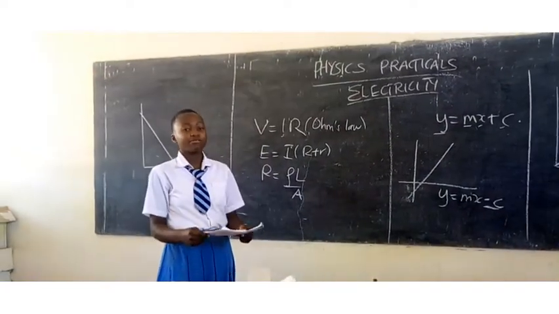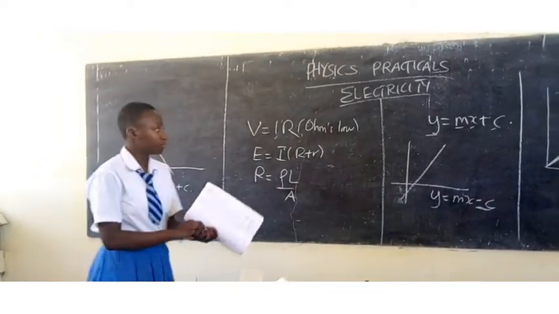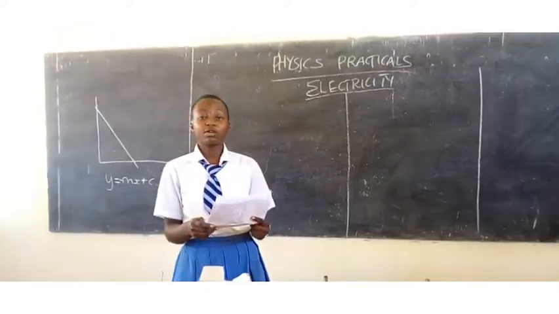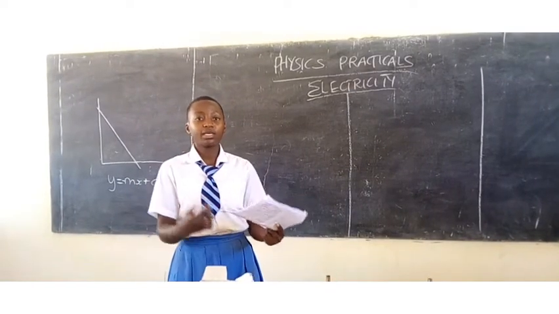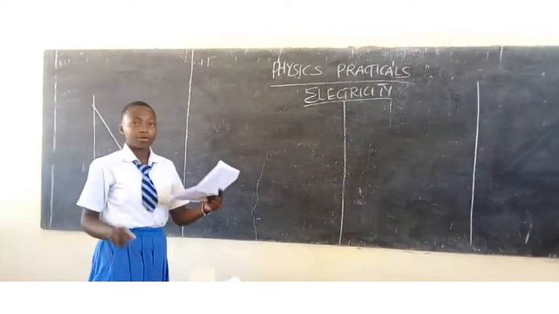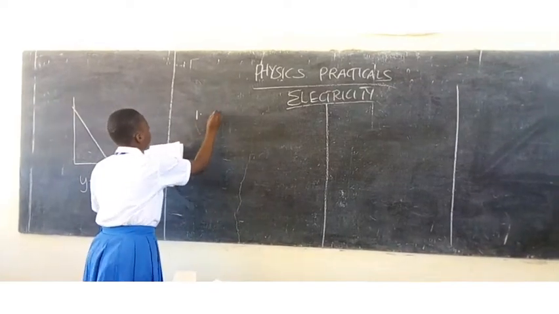We have various ways of deducing an equation. Various equations depend on the type of circuit that is being shown. For example, this circuit is circuit number 1.